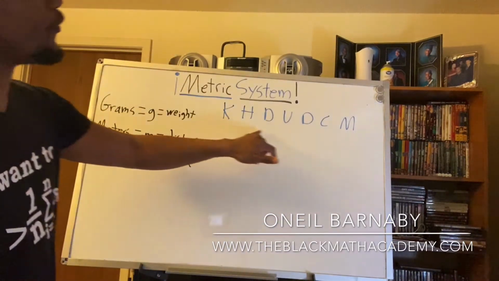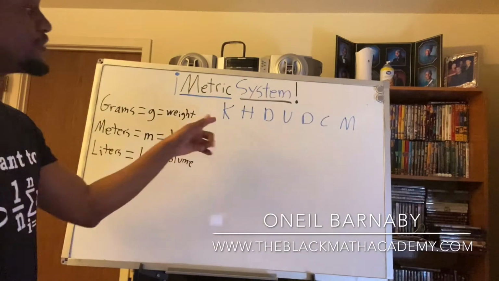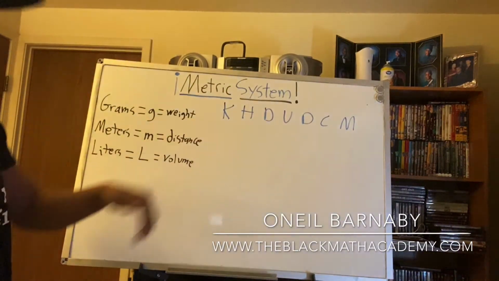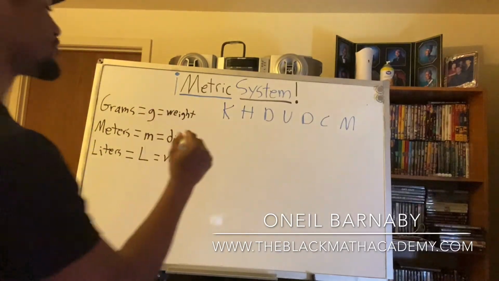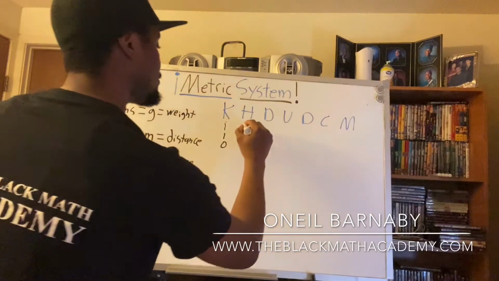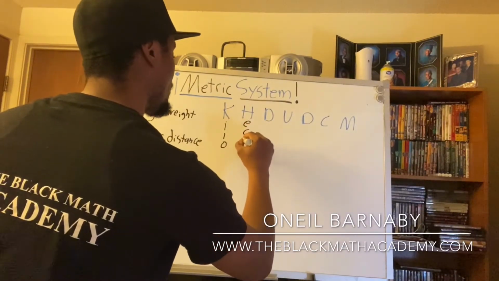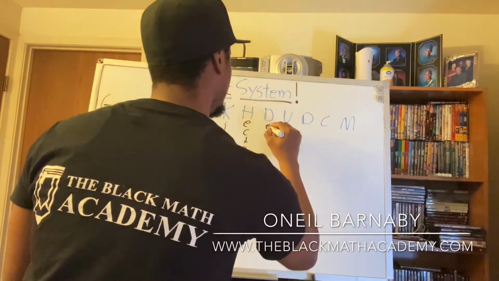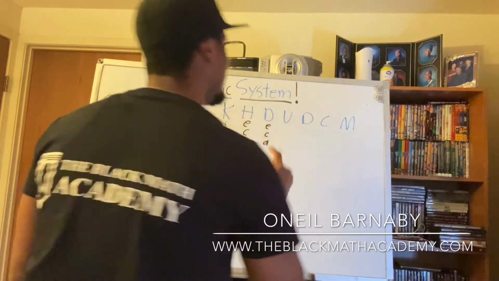So this is the exact order that they should be in, and I'm going to define what each of these letters mean. All right, so for K, that one stands for kilo. H stands for hecta. D stands for deca, D-E-C-A.